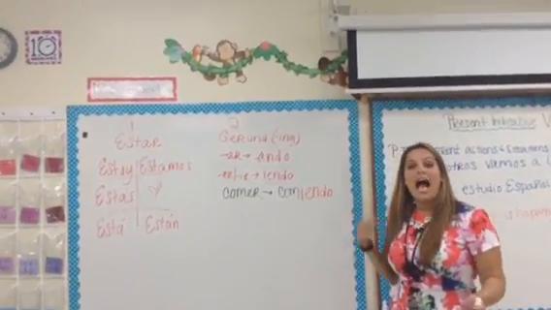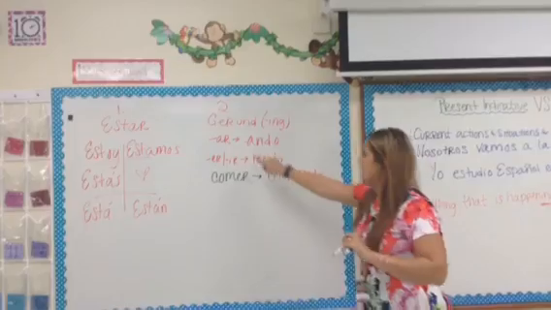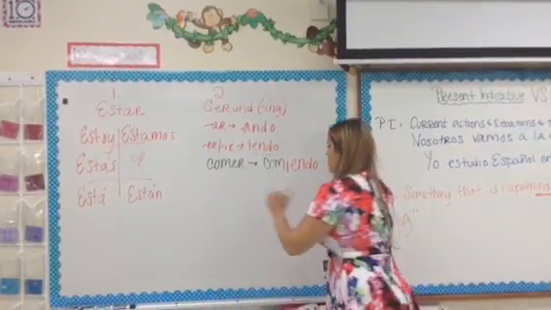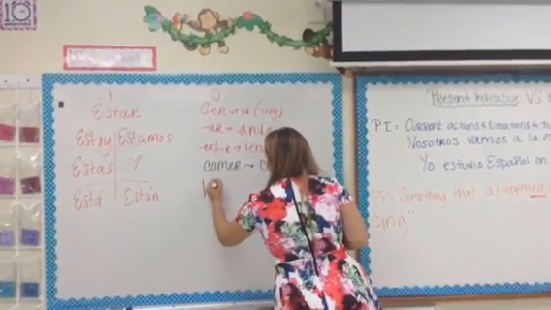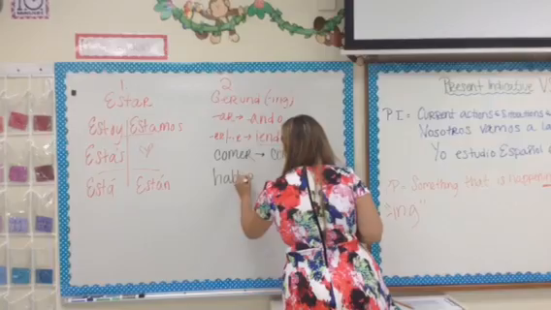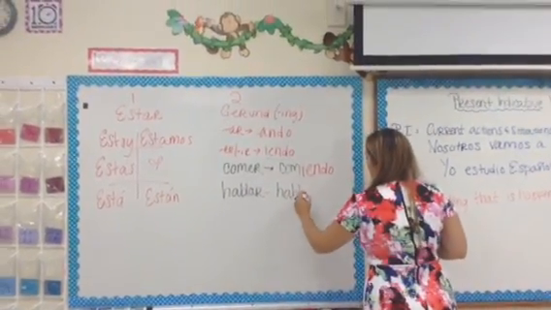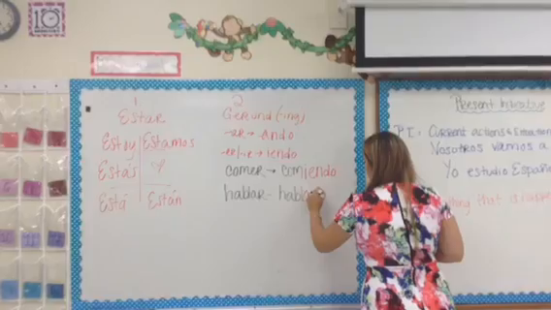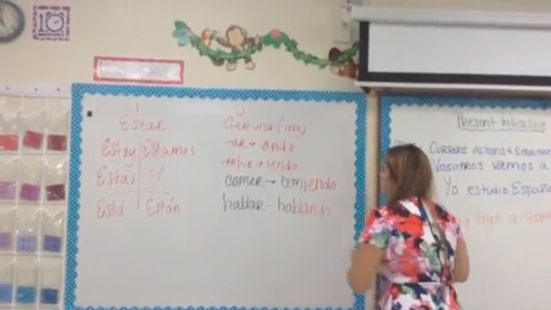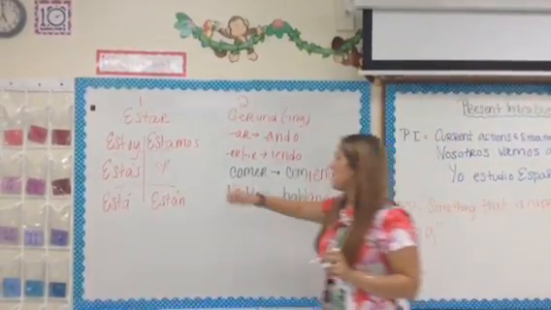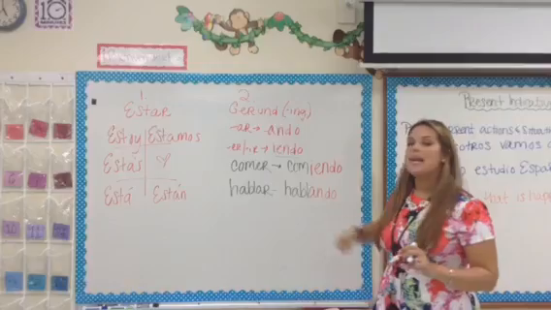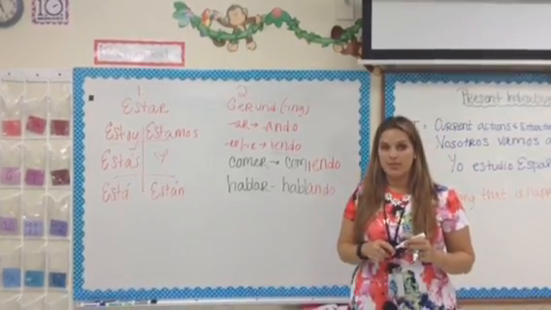If I wanted to say, I am speaking, it's an AR verb. So I would start with hablar, I take off the AR and add ando, hablando. So if I said, we are speaking, estamos hablando. And that is your present progressive here.